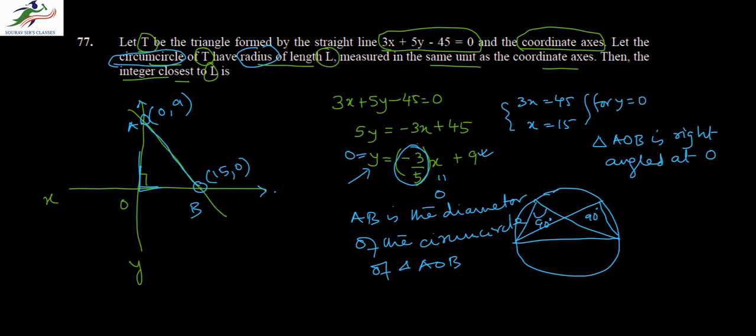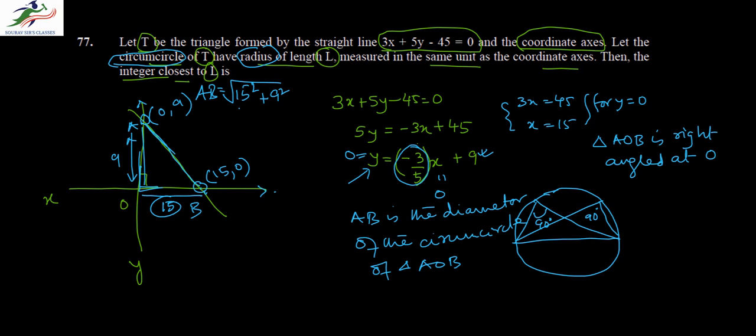Now we all know that the value of AB is nothing but square root of 15 square plus 9 square. And just for your understanding, this distance is 15 and this distance is 9. So in the right angle triangle, we are calculating the length of the hypotenuse.